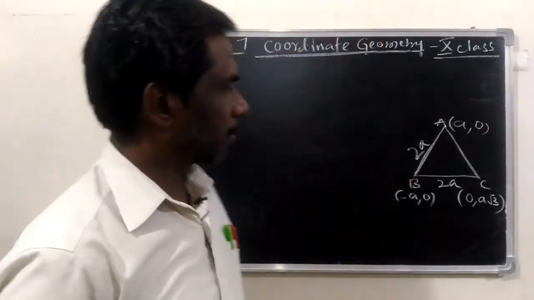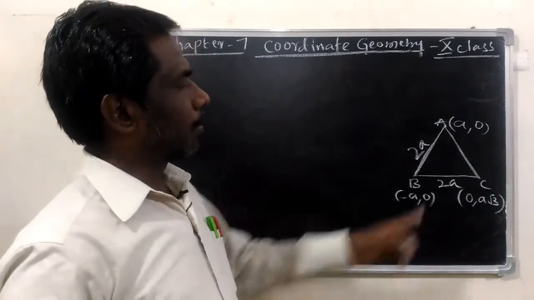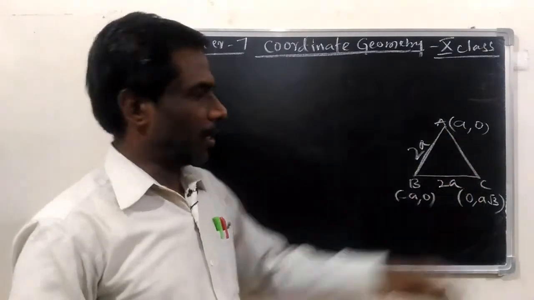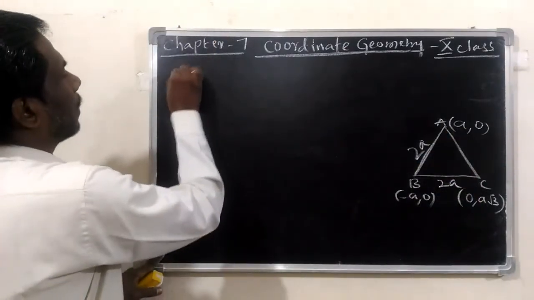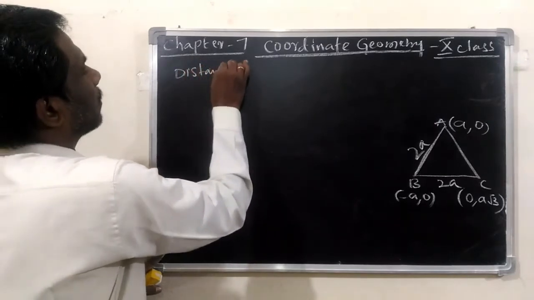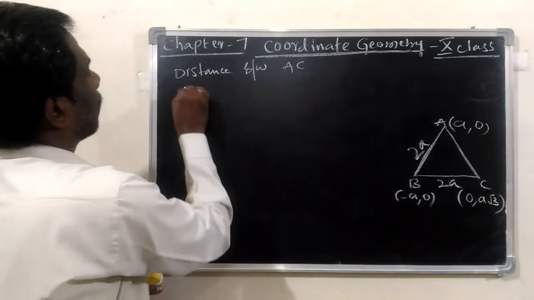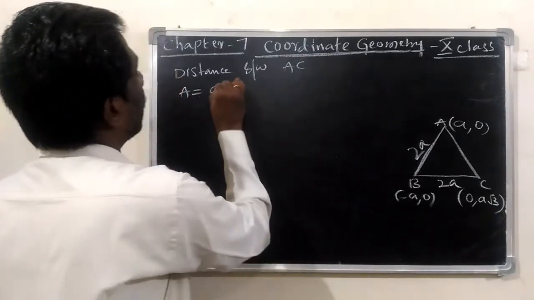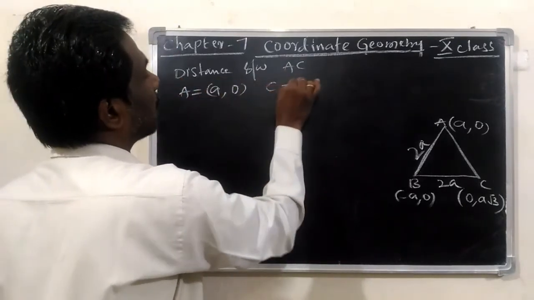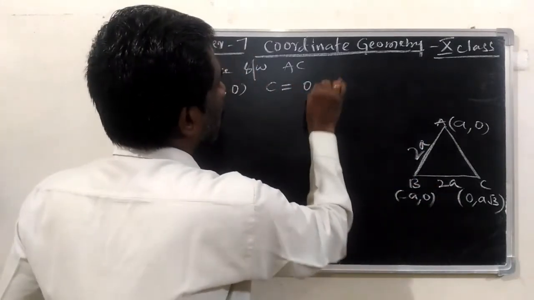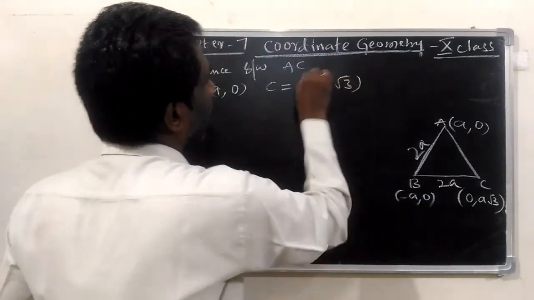Next, we need to find one more distance, that is AC. The distance between AC: A is (a, 0) and C is (0, a root 3).